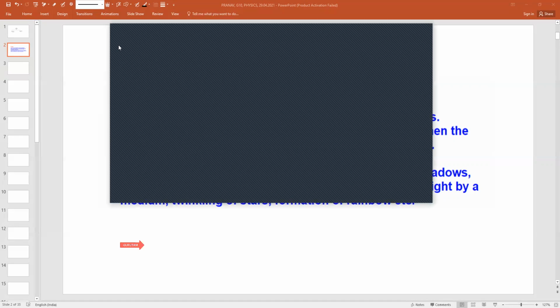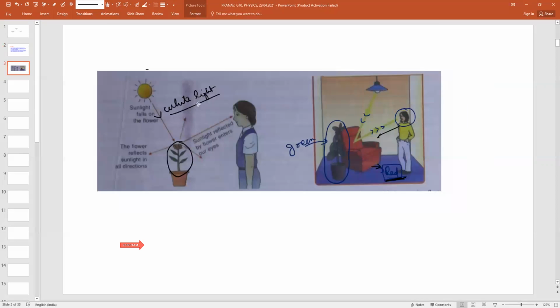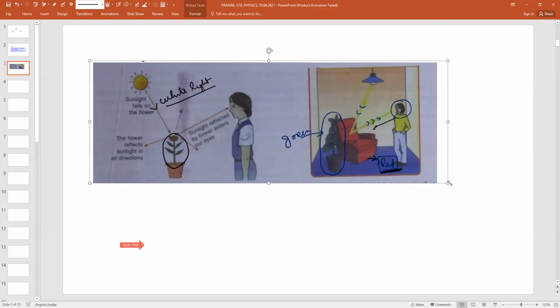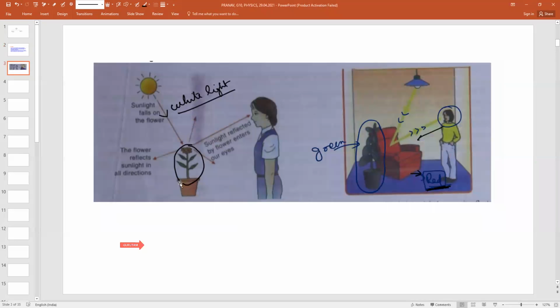Okay, I will just show you one image here. In this image, you can see one girl looking at a flower. How is the girl looking at the flower?